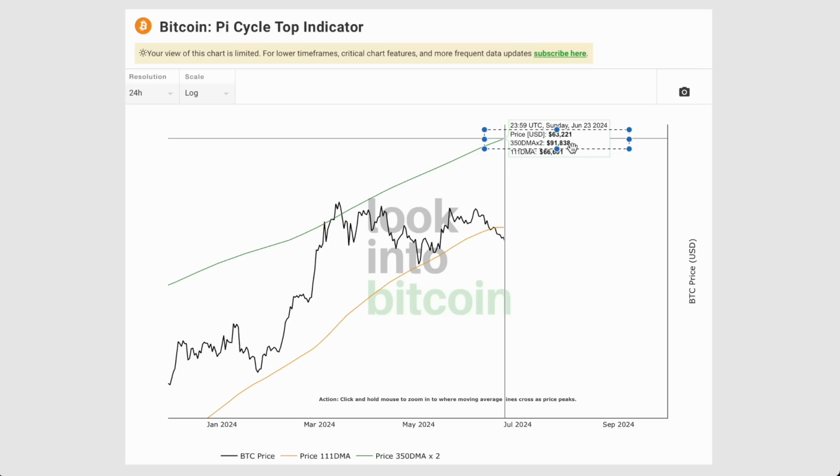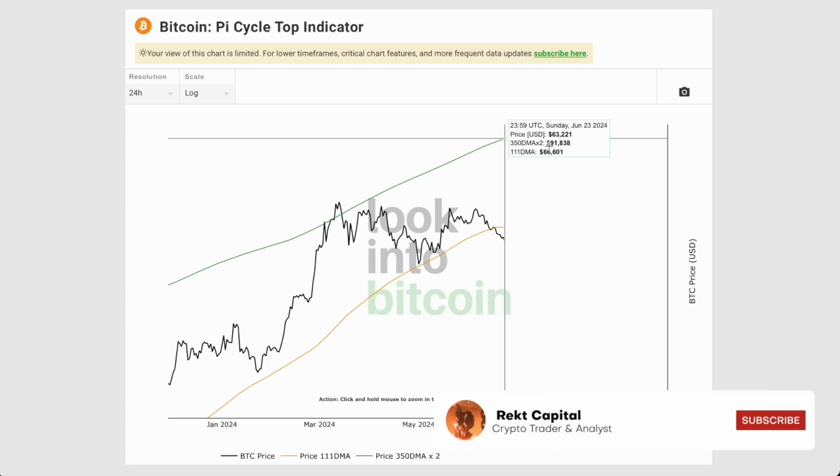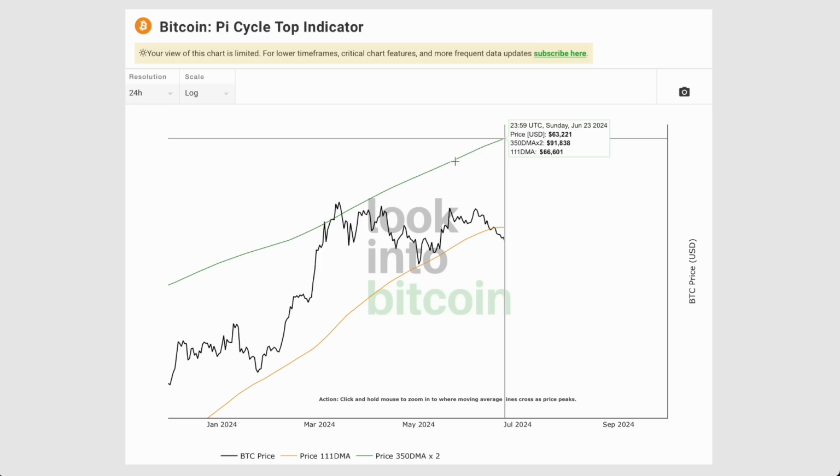We won't likely reject from there because we've already seen a rejection from the green moving average, which tends to happen on the initial attempt. So we'll probably see another revisit of the green moving average in the future at around 92k, and in fact down the line this might even be 100k, because this green moving average continues to climb upwards.